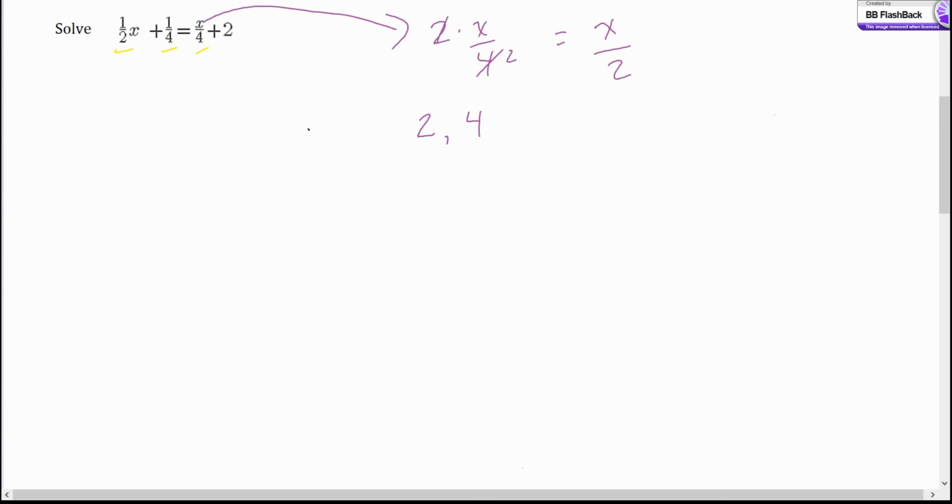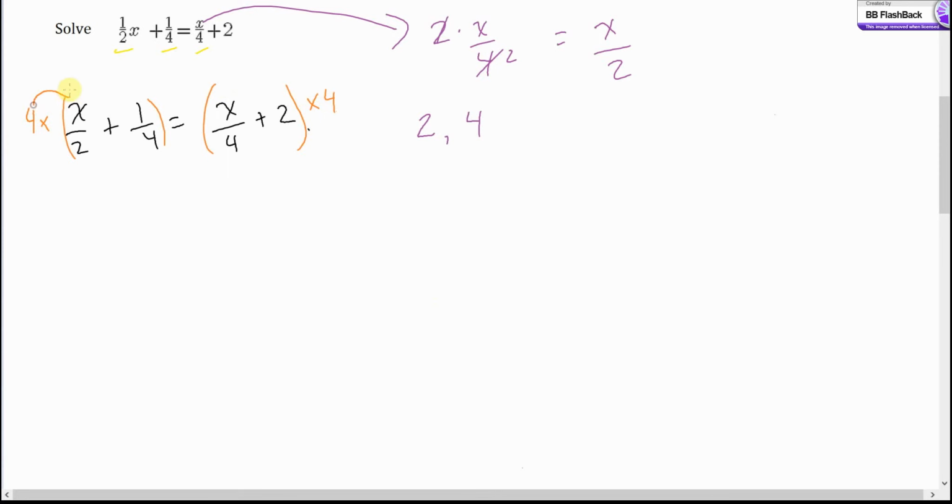So we're going to multiply everything by 4. So we have x over 2 plus 1/4 is equal to x over 4 plus 2. Now we're going to multiply everything by 4 over here and everything by 4 over here.